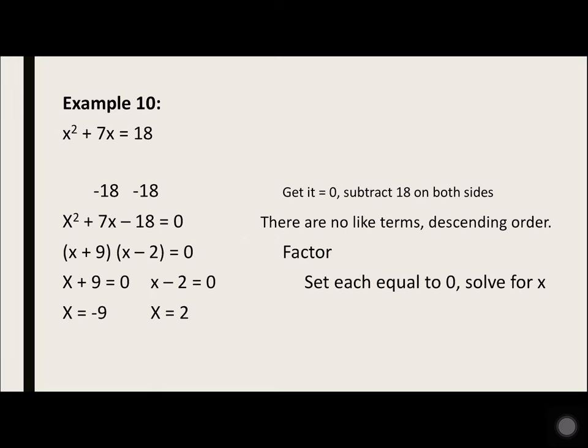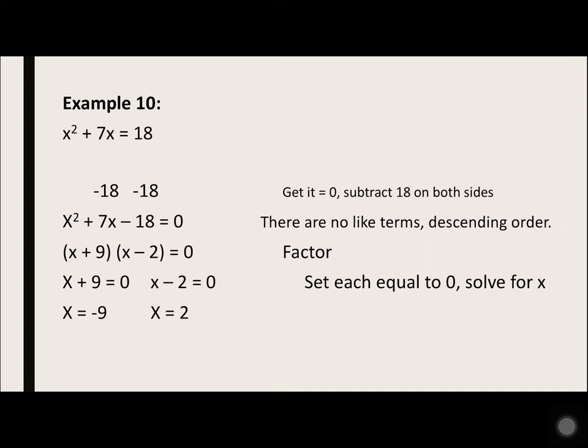Example 10, x squared plus 7x equals 18. We don't have 0, so we're going to subtract 18 on both sides. Because that x squared is positive, leave it alone. Now, on the left side, x squared plus 7x minus 18, those weren't like terms, and I put it in descending order, squared term first.